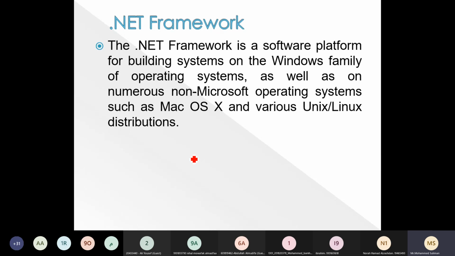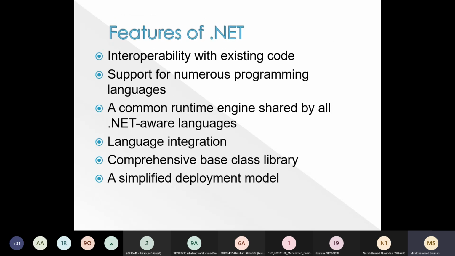This is what achieves the platform independency, which is also called portability. So if you want a program to work on different platforms, you have a choice of using .NET framework.